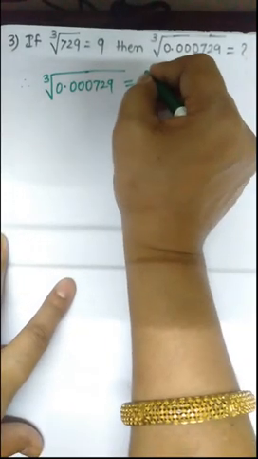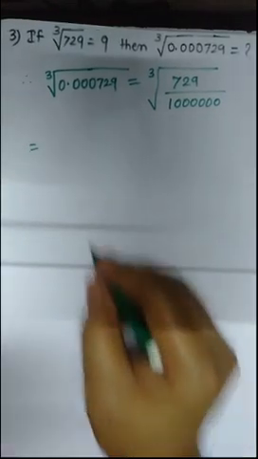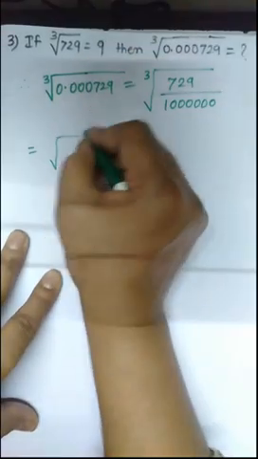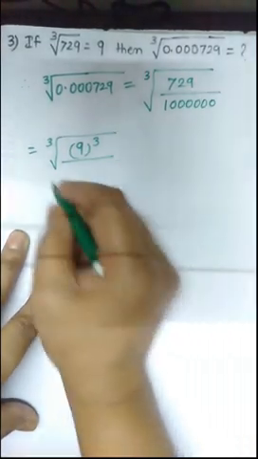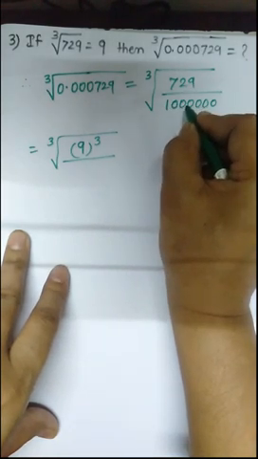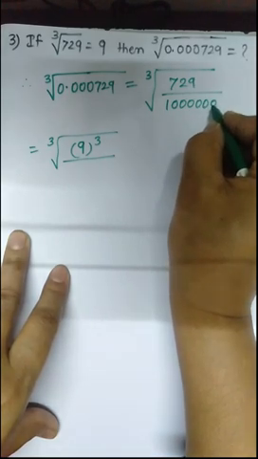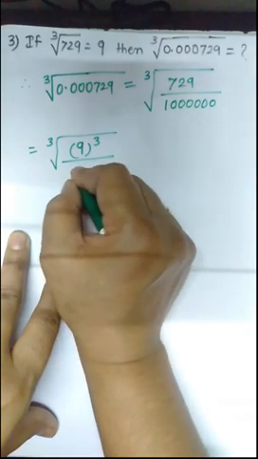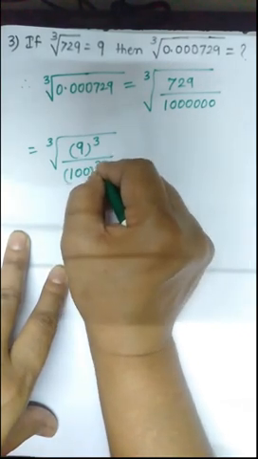Okay, write down the cube root sign. Now solve this. We know that 729 is the cube of 9. It is given. So 9 cube upon, see here, how many zeros are here? 1 2 3 4 5 6, means 100 raised to cube.